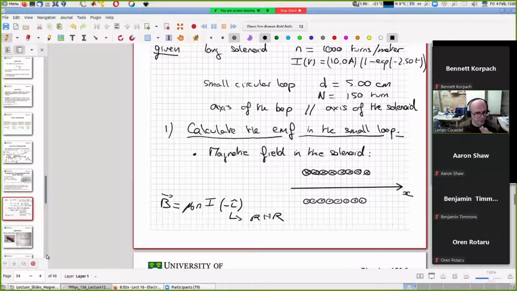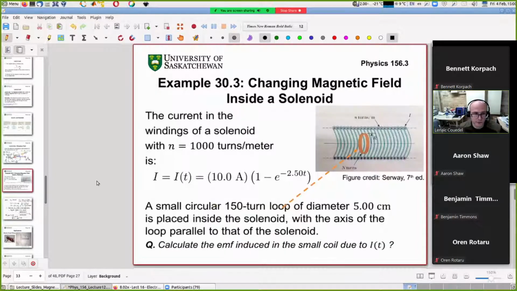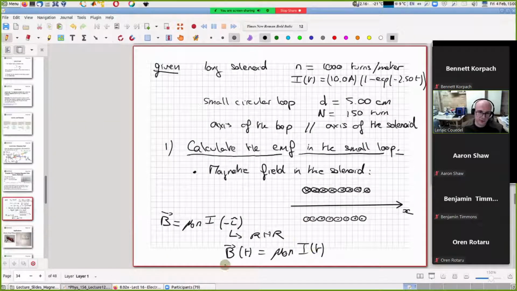So we have the magnetic field created in this loop. And this magnetic field B is actually a function of time because we have mu 0 n and I of t. I of t is a given. We know that the current is a function of time. Therefore, the magnetic field is also a function of time.